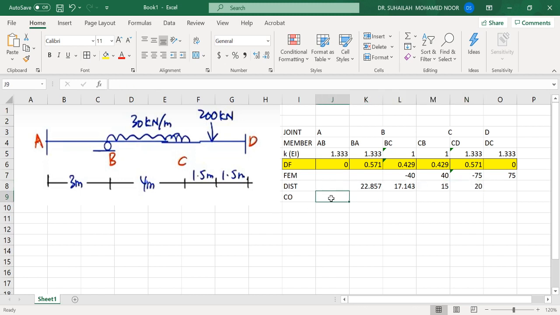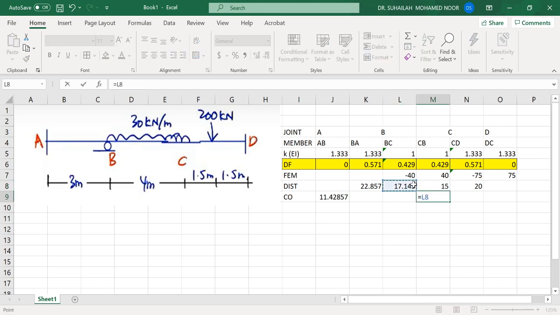So the value for AB we get from BA divided by 2. The value for BA we don't have, because AB is 0. Next, BC means we have to carry to C. It is 17.143 divided by 2.